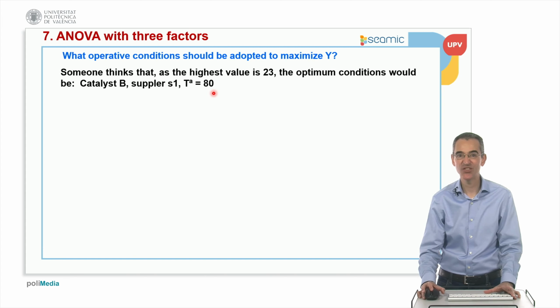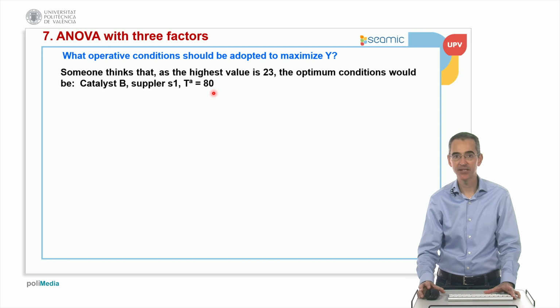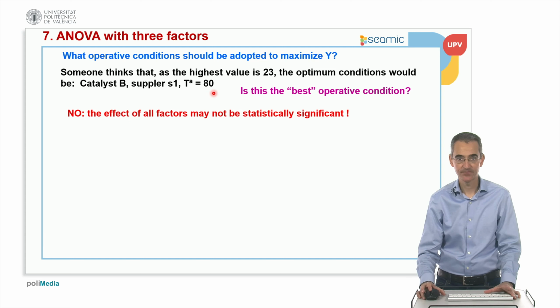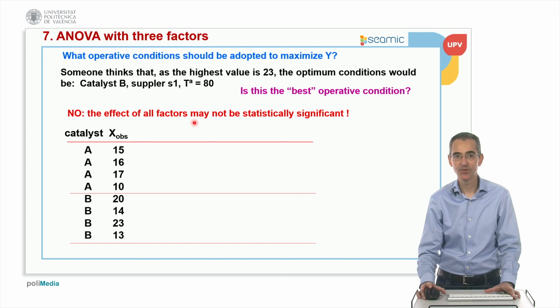So can we say that these are the optimum operative conditions that we should choose from now on in order to get, on average, the highest values? Well, the answer is not necessarily. Only this would be true in case the effects of all factors were statistically significant, but this may not be necessarily true. So we have to analyze the data with ANOVA.